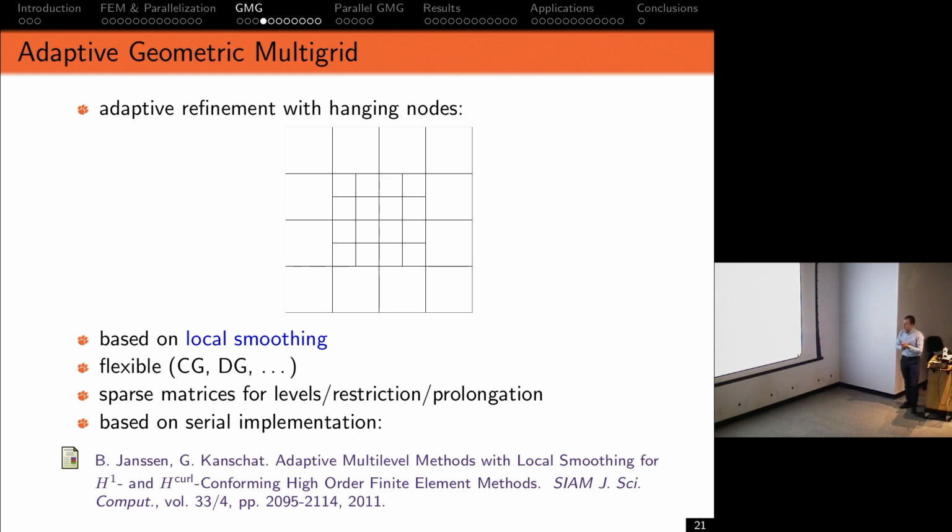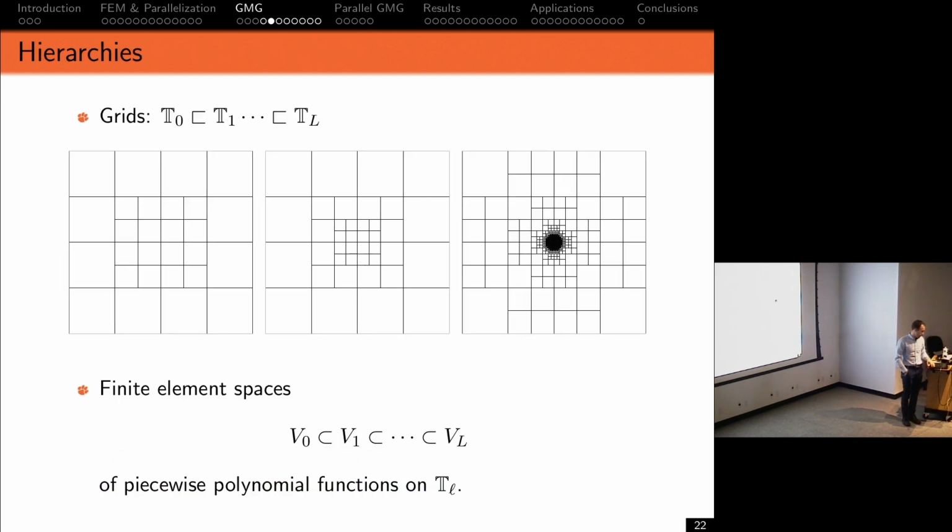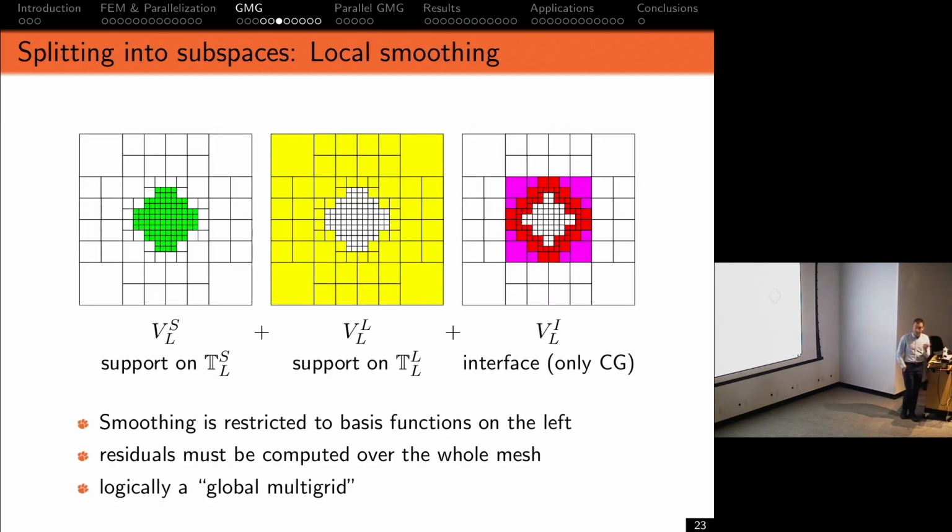So this is based on work done by two colleagues of mine, Bärbel and Guido in Heidelberg at that time. And basically, they construct a multigrid method based on local smoothing, and I'll explain a little bit how that works. Same theory, you have a sequence of adaptively refined meshes, right? And you have a nested set of finite element spaces, and I can write down the multigrid method in exactly the same way.